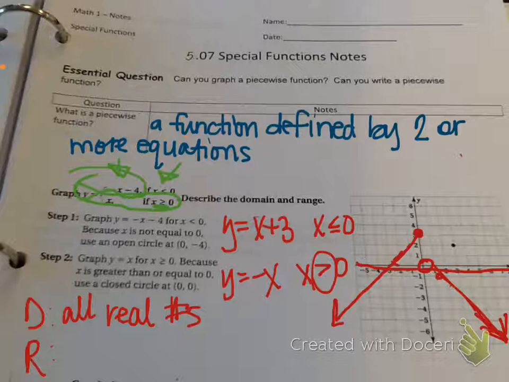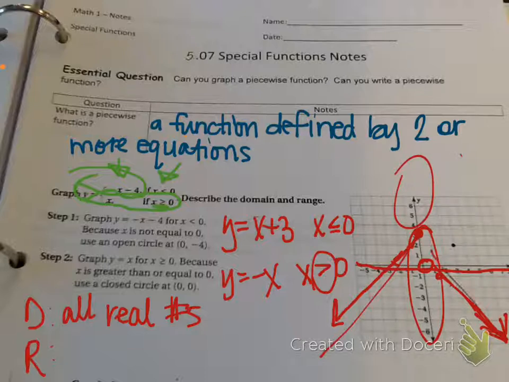And y is always going to be less than 3 because all of these are going to work, but nothing up here is going to work because these are going down and down. So y is less than or equal to 3 because there's a closed dot on the 3. So I want you to try the next 2 problems there.